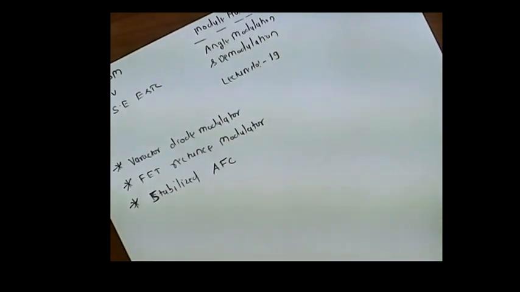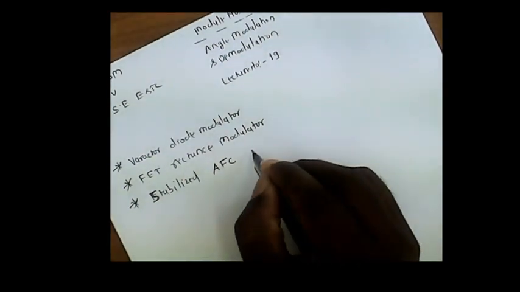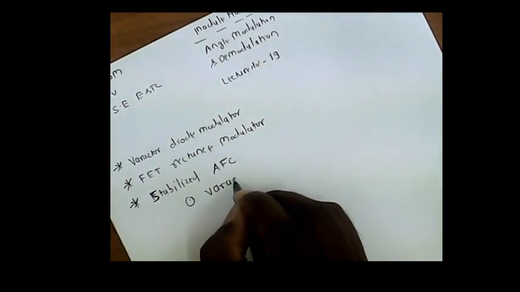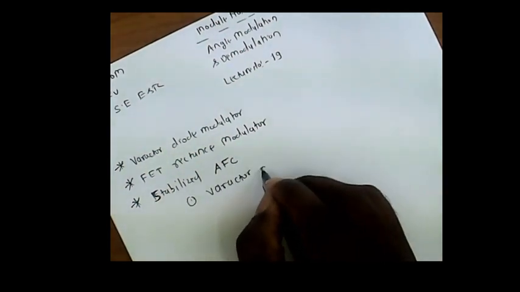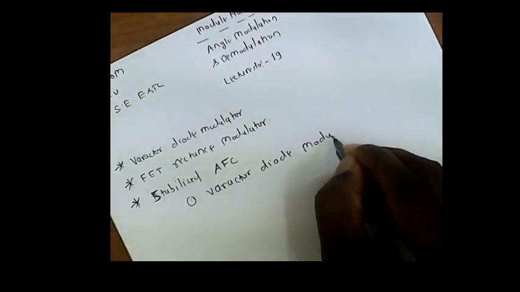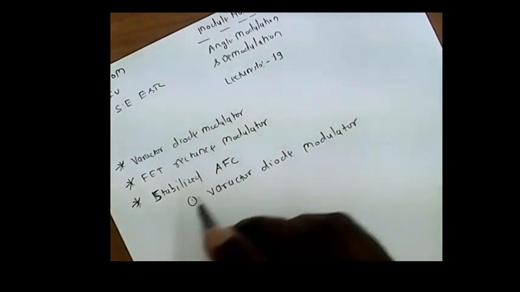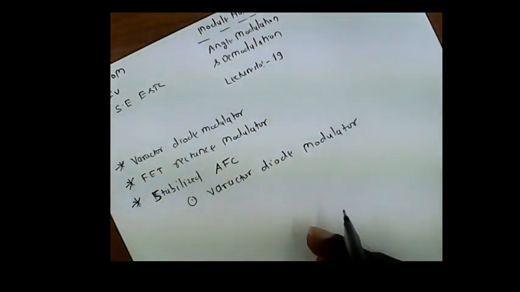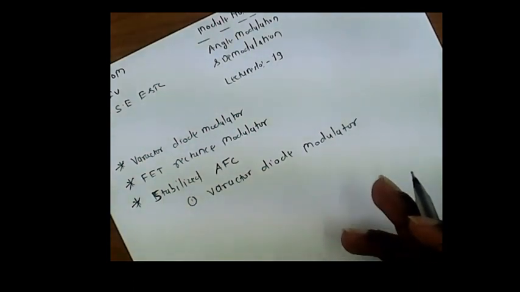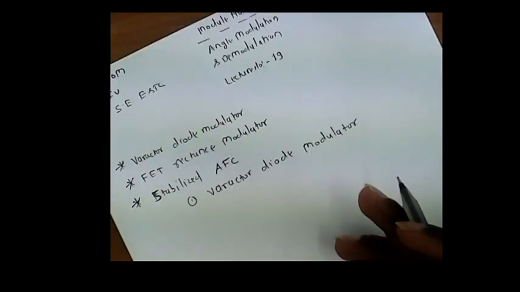So first we focus on the varactor diode modulator. A varactor diode modulator uses a variable capacitor diode, or tuning diode.